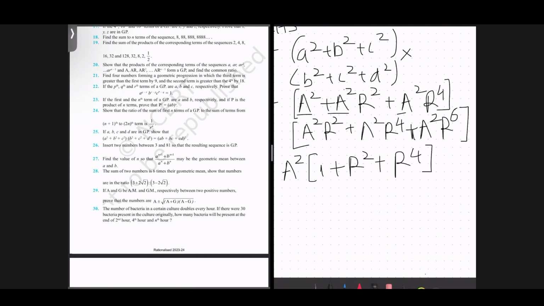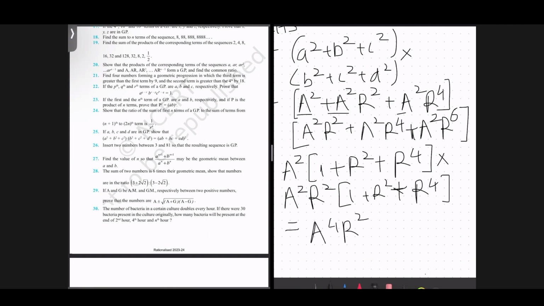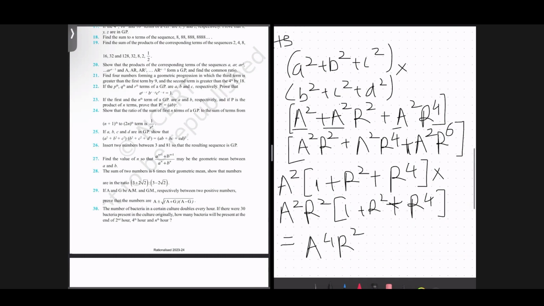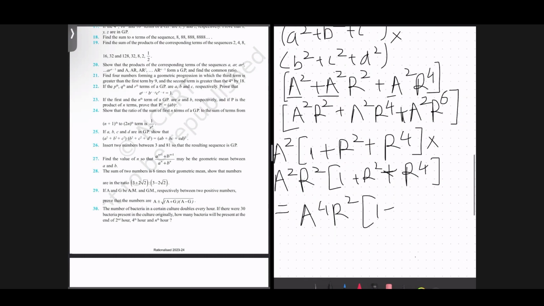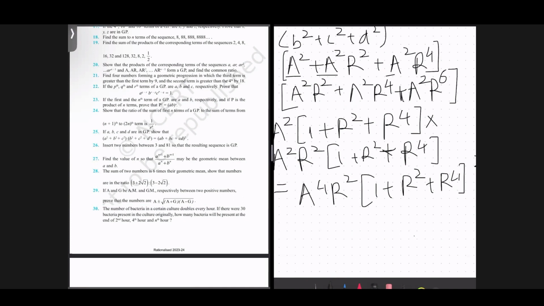From the second term, you can take out A square R square common, so you get A square R square, and in the bracket, you get 1 plus R square plus R raised to the power 4. When you simplify this, you get A raised to the power 4 R square into (1 plus R square plus R raised to the power 4) whole square. And this is going to be your LHS, right?